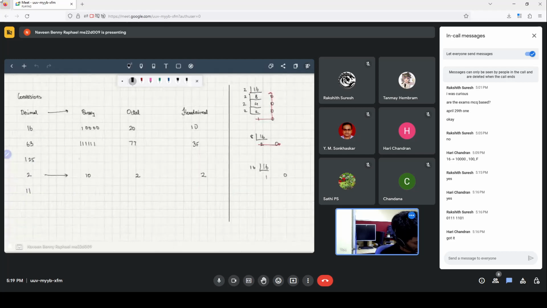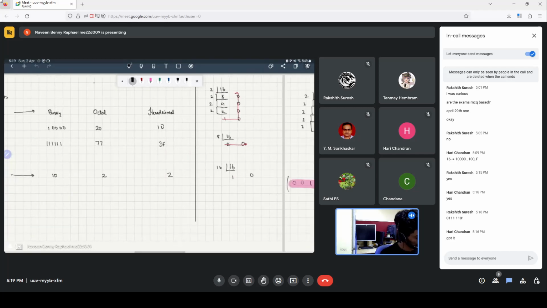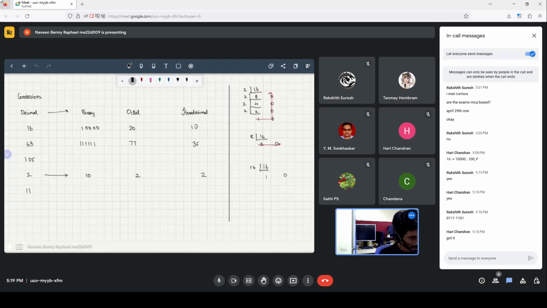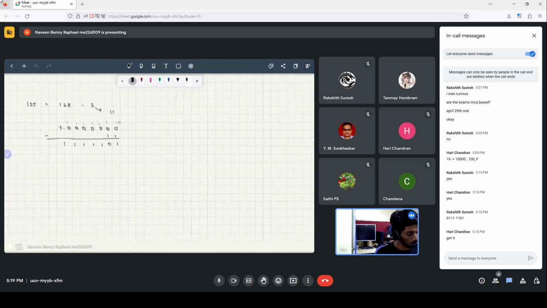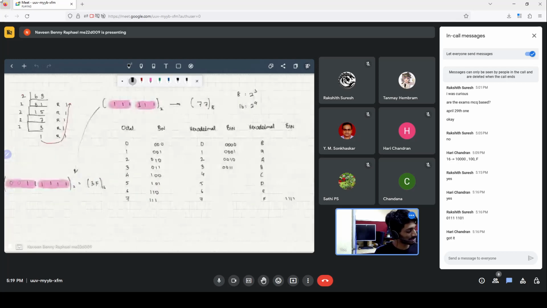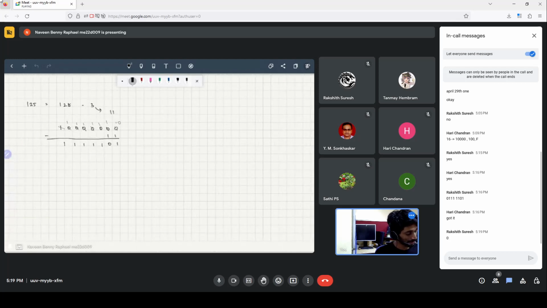So we'll write that down. I hope this didn't go over anyone's head. Essentially all we did was subtraction to find the binary digits. Now the steps for finding octal and hexadecimal will be the same.